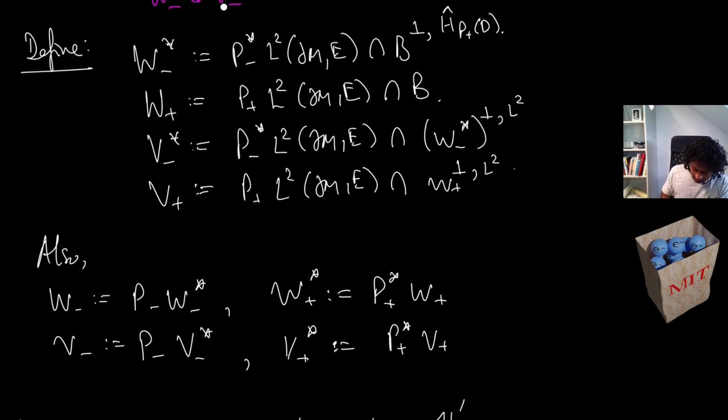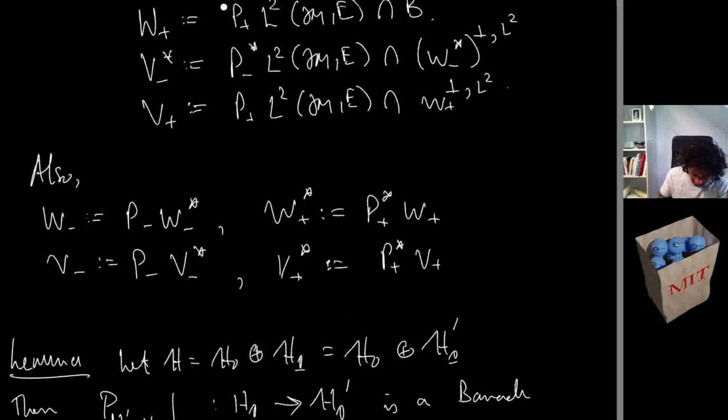So we need to somehow connect the spaces P minus B and P plus B, which come out of the boundary condition, to the W pluses and the V minus star and so on and so forth, which only contain finite dimensional subspaces of the B. So the majority of the B and the annihilated subspace of B has to sit elsewhere, right? That's where this graph comes in.